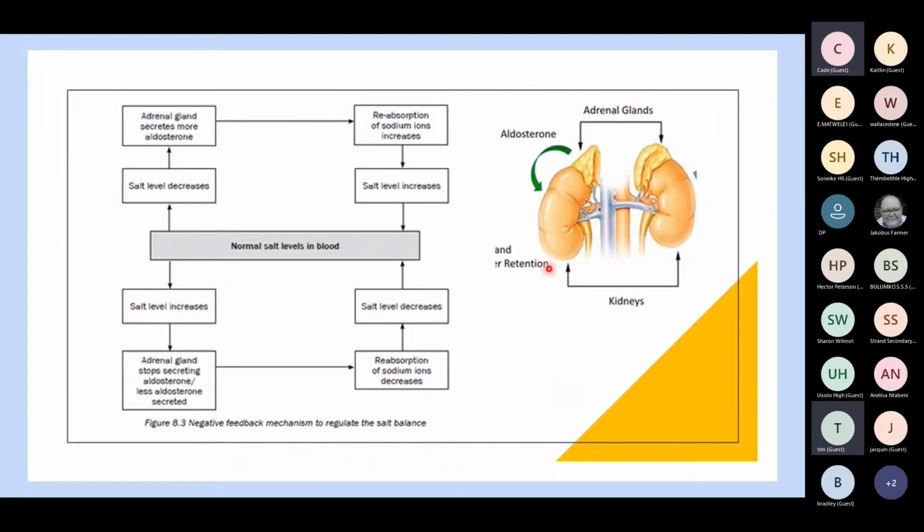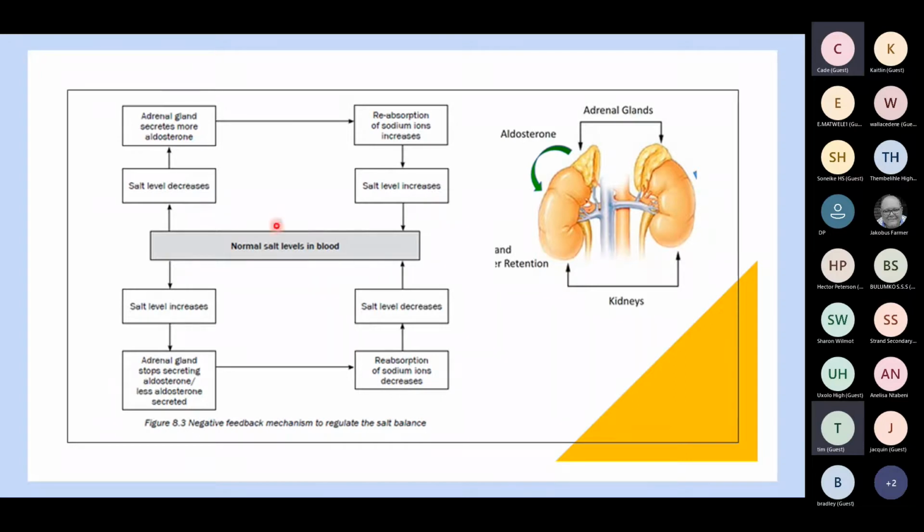So when the imbalance is the salt level increase, which hormone? Aldosterone. How much aldosterone? Less. Where is the aldosterone going? The aldosterone goes to the kidney, and the kidney will reabsorb less sodium ions. It will decrease. That means the salt level will decrease and go back to normal.